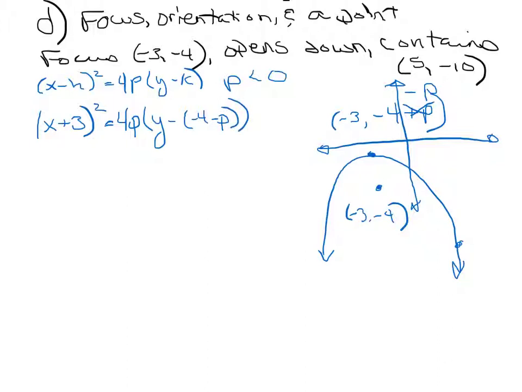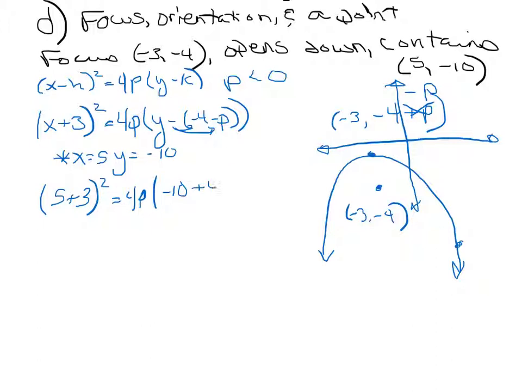I do have to make sure that that's grouped together because I want to subtract all of k. From here, I'm also going to know that I have been told that x is 5 and y is -10. That's a point that's on my parabola, so plugging that in, I get (5 + 3)^2 = 4p times (-10 + 4 + p). I'm distributing my minus, so plus 4 plus p.